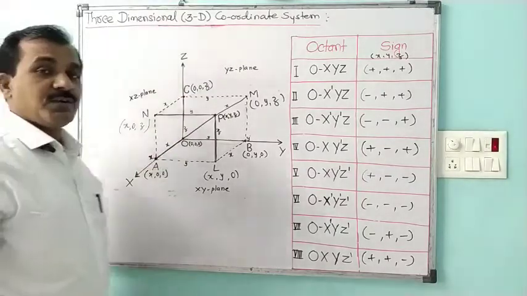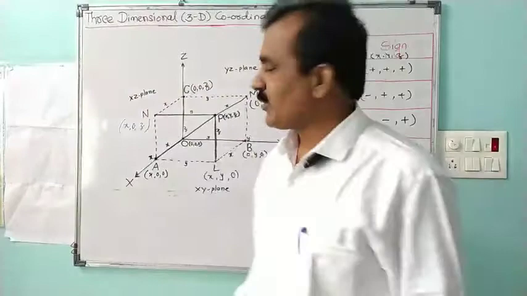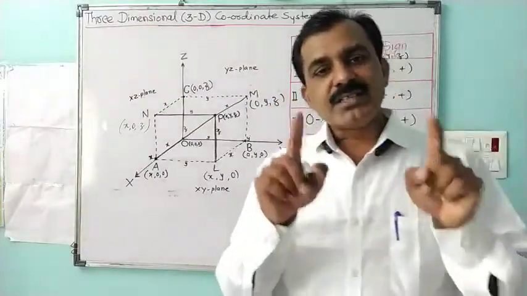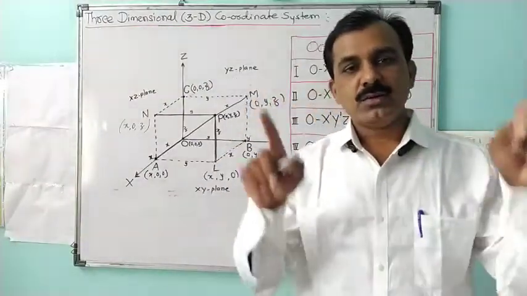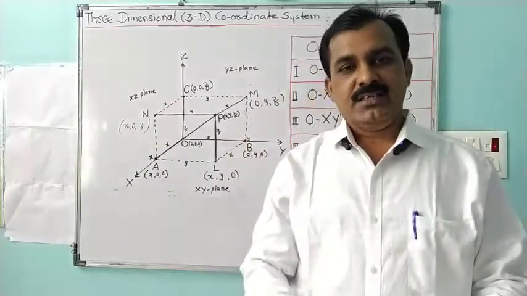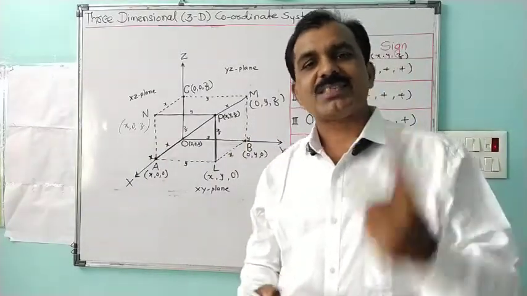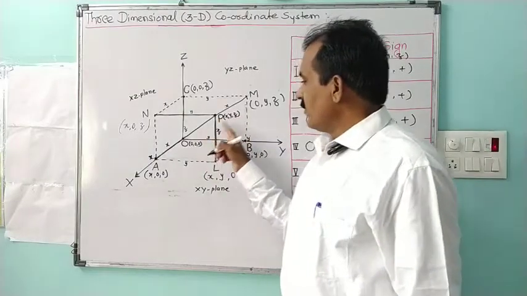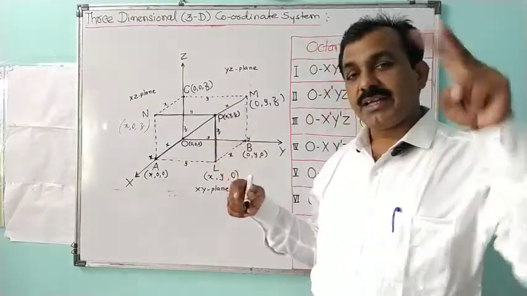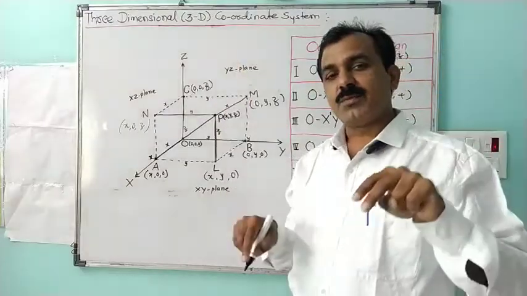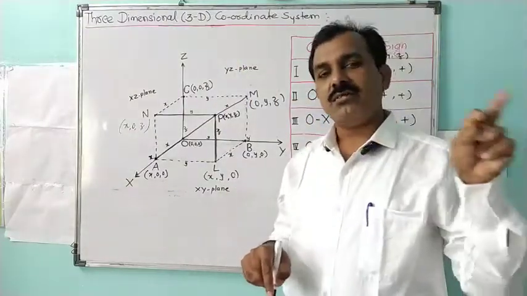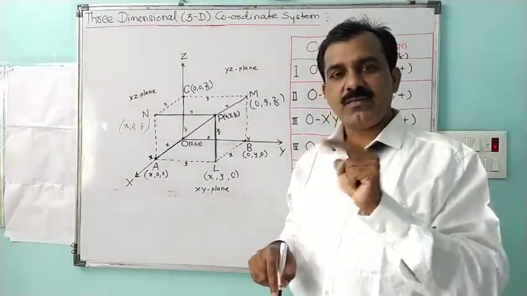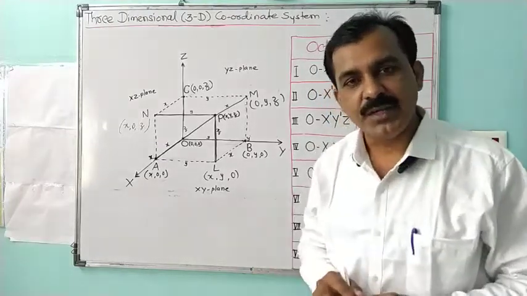We have already used the distance formula when points are in a plane. Now points are in space. In space we have one extra coordinate for each point, that is called the z coordinate. In case of 2D, the distance of a point from the origin is under root of x square plus y square, where x and y are the coordinates of the point P.